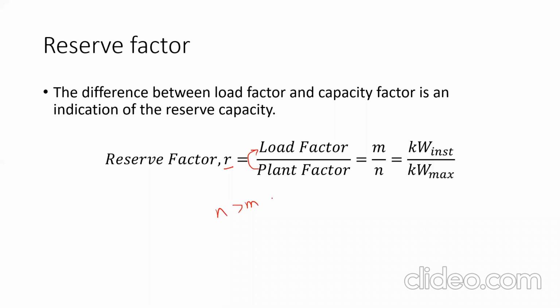R will decrease. Or vice versa, when n is less than m, plant factor is less than load factor, then reserve factor will increase. Those things are affecting the value of reserve factor.